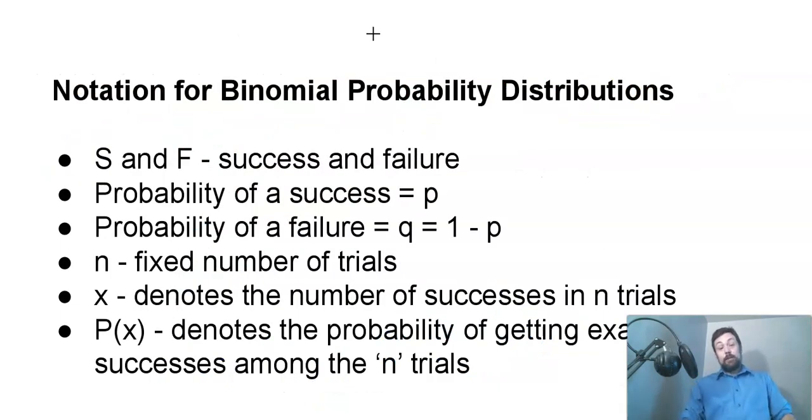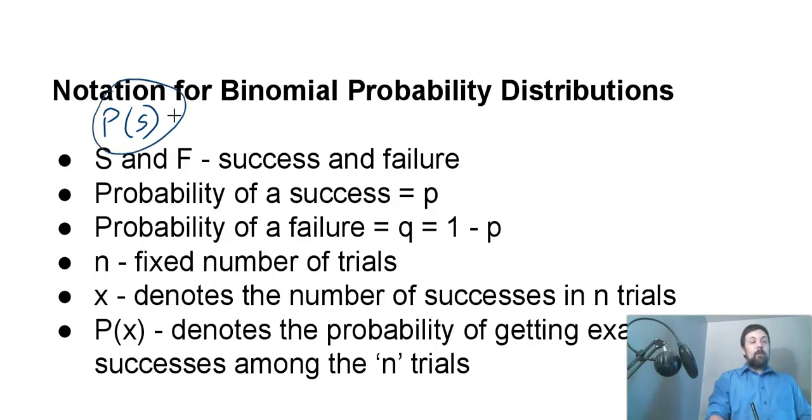Here's some notation for binomial probability distributions, and some of these don't really get used. For example, this first one, you might use S to represent a success, F to represent a failure. And that would be fine, because then you could say, well, the probability of a success you could represent like this. But we actually have another representation for that concept, which is this, right?